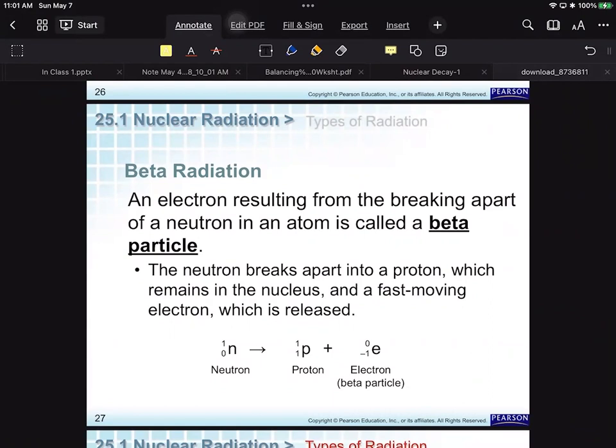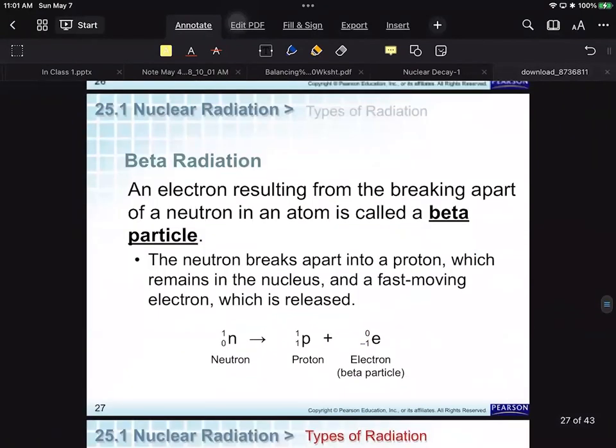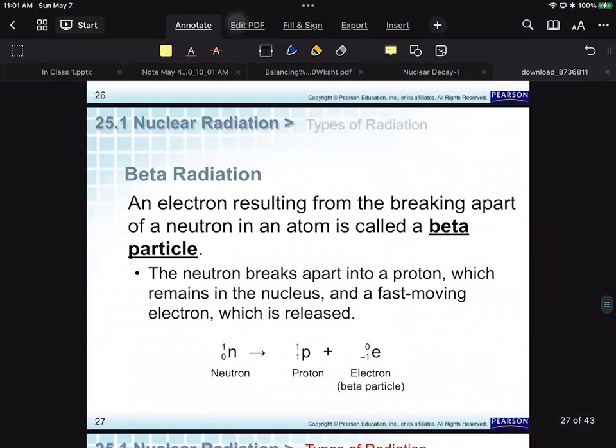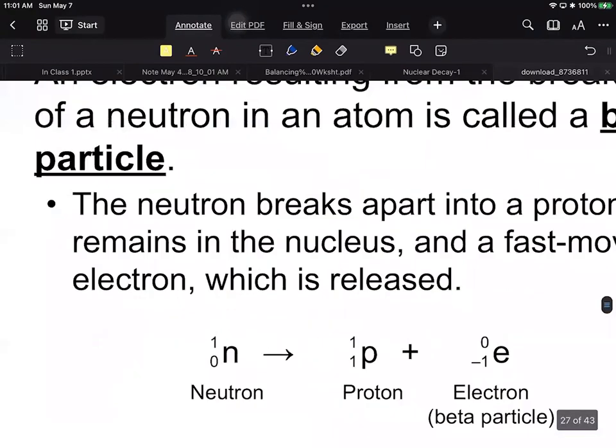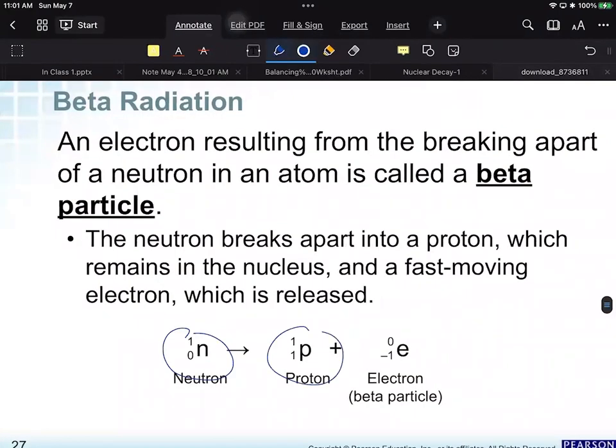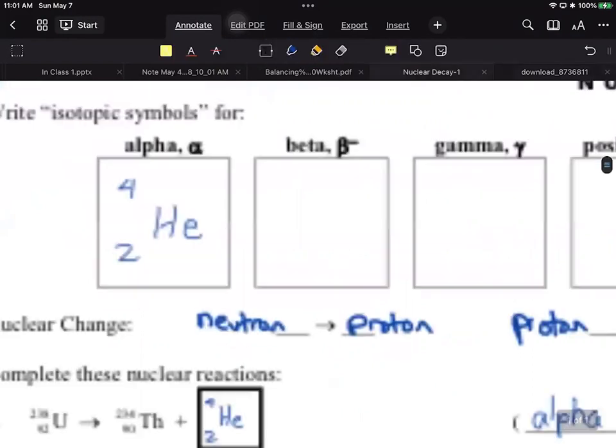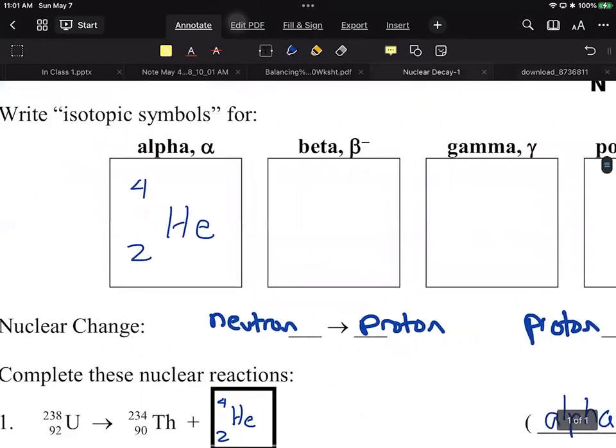So beta radiation happens when we're turning neutrons into protons. When we do that, a beta particle is released, called beta decay. So we just write the symbol e, 0, -1.